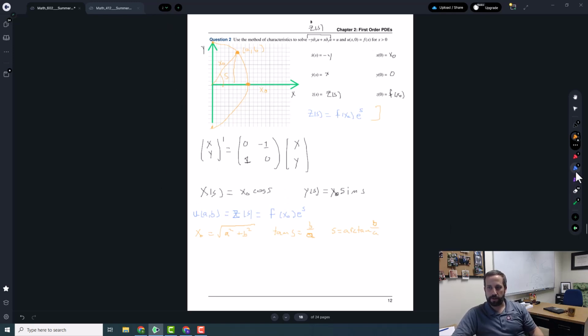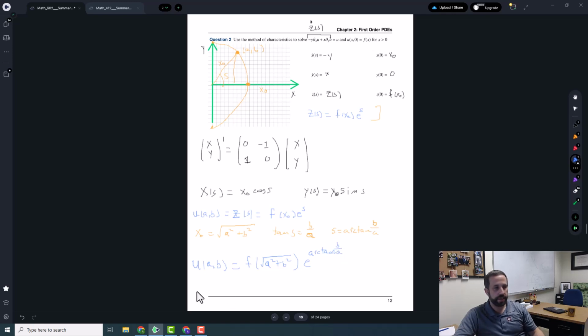So for this problem then, u of a, b is equal to f of x naught, where x naught is equal to the square root of a squared plus b squared, and then e to the s is equal to e to the arctan of b over a.